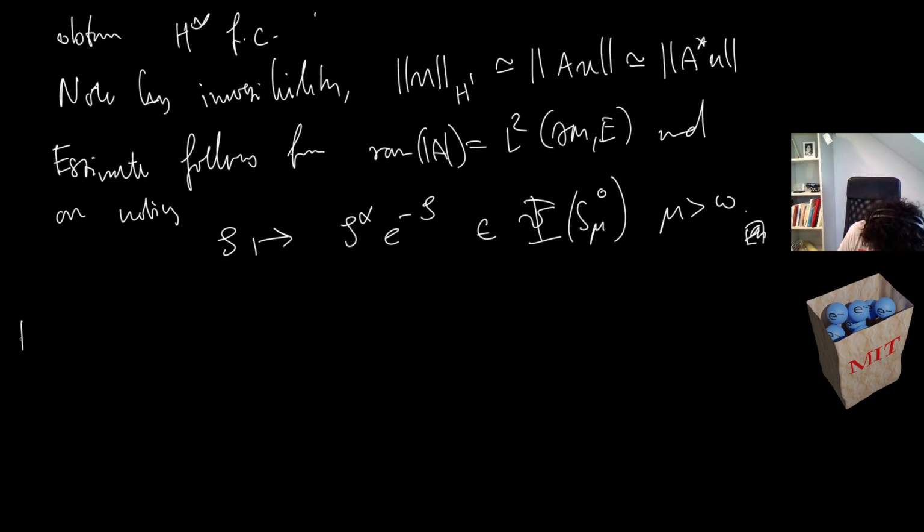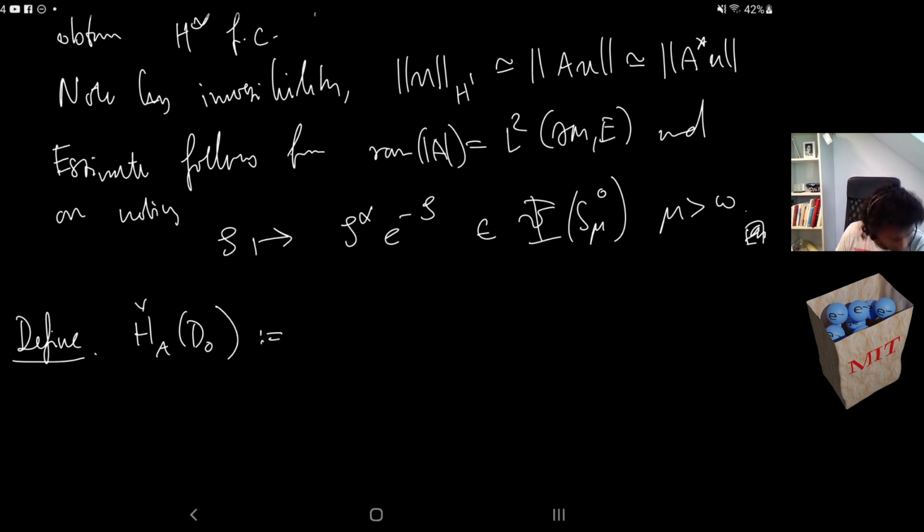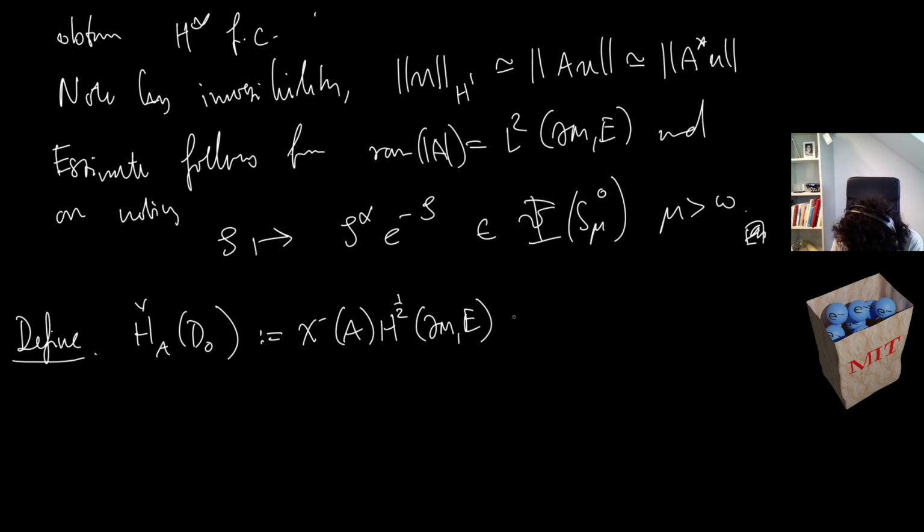So now let's define H check of A, d naught, as being H minus a half of partial M, E, plus H minus a half of partial M, E. So this is really an ansatz that we're making.